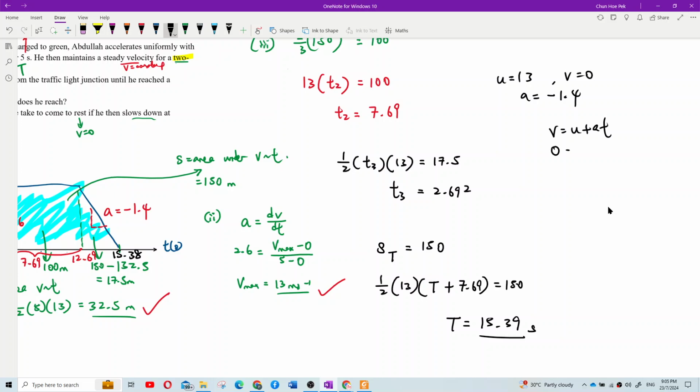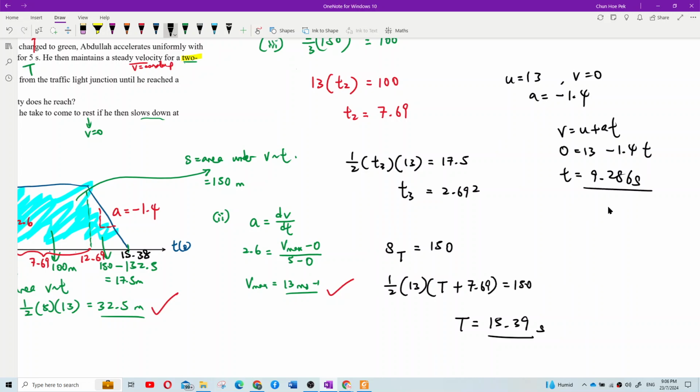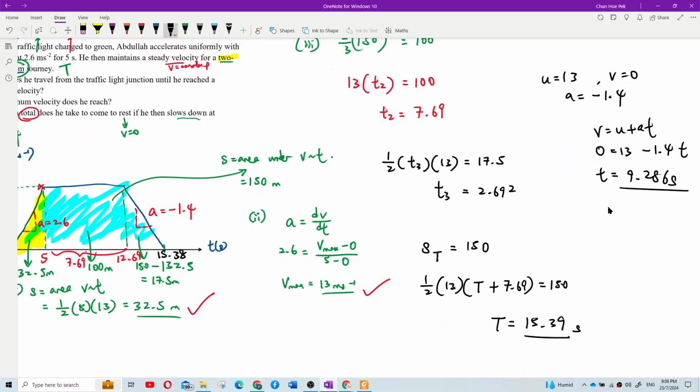So 0 equal to 13 minus 1.4T. So what is T? Negative 13 divided by negative 1.4. So I got 9.286 seconds.